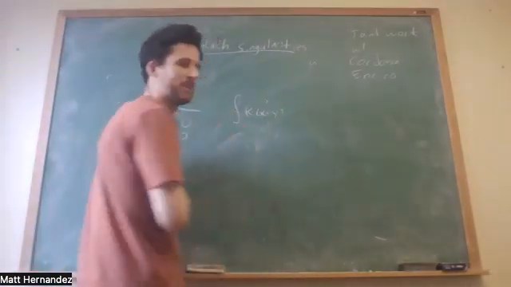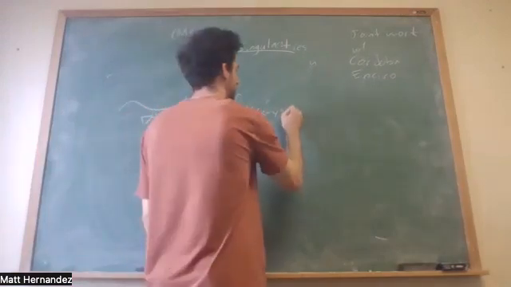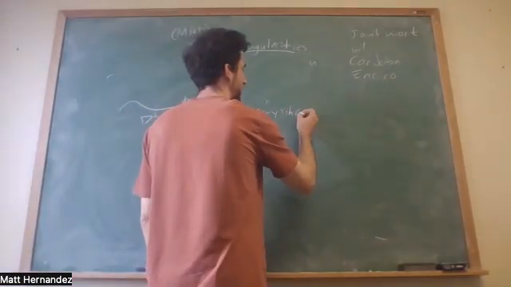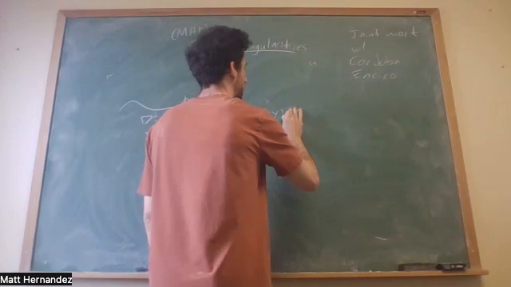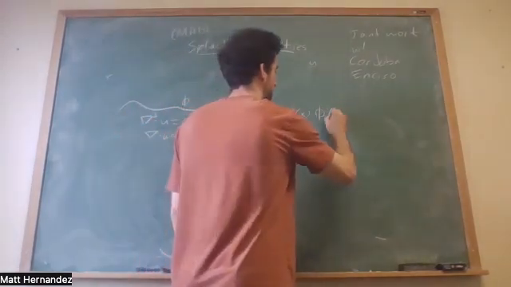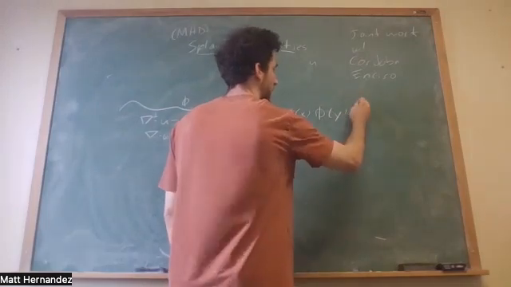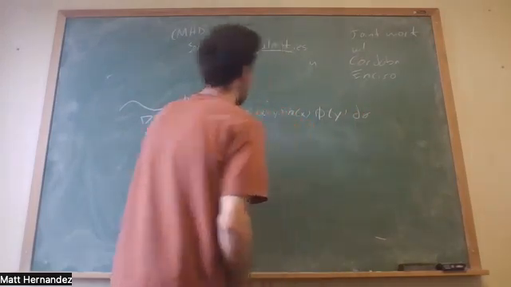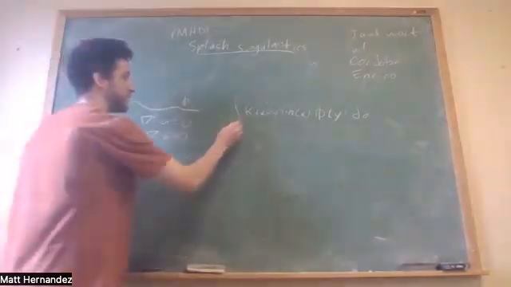So I'm going to be very sloppy here. Hopefully it's okay. I can't remember if this is going to be n dot x or n of x or n of y, but you have some sort of kernel here, and phi of y is here, and you have some sort of d sigma. And the idea is that you're integrating over the curve.